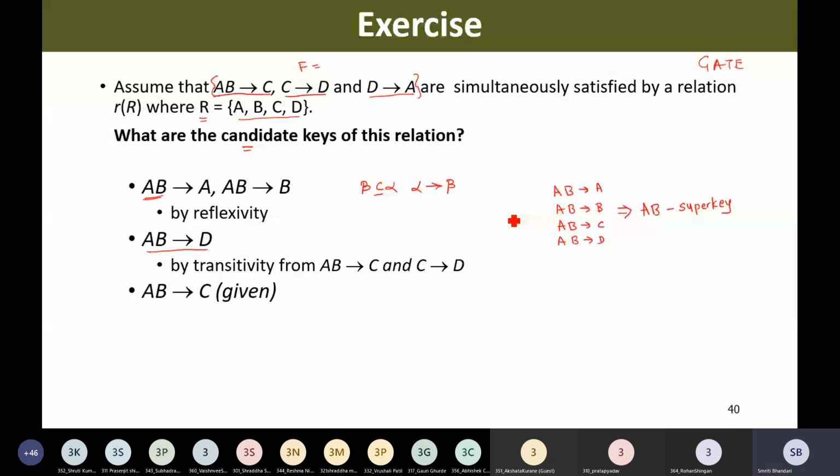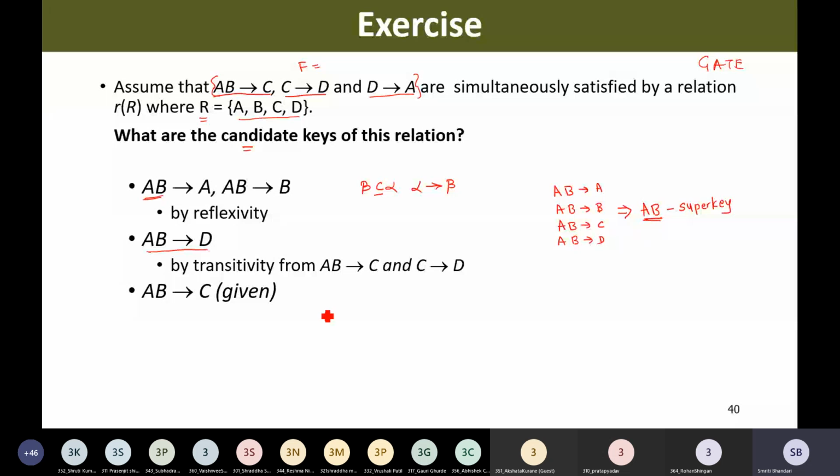So what do we mean by candidate key of the relation? Candidate key is the minimal super key. What do we mean by minimal super key? If there is no proper subset of this AB which also determines all the attributes, then we may declare that this AB is my candidate key.